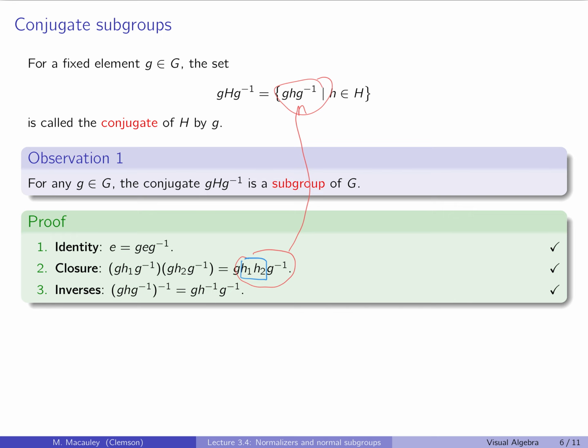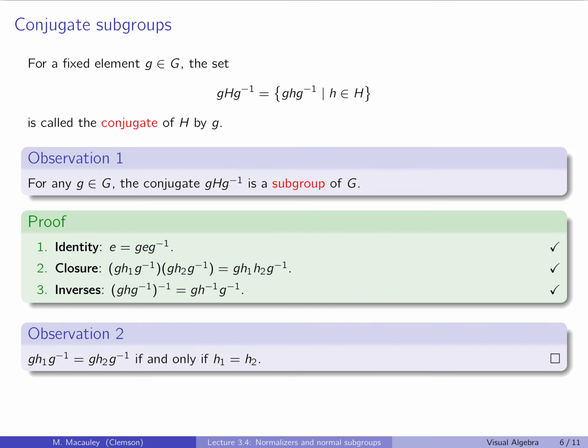To check that, you could just multiply these things together. So GH G inverse times what I claim is the inverse, GH inverse G inverse. Well, those things cancel, and then the H and the H inverse cancel, and the G and the G inverse cancel.